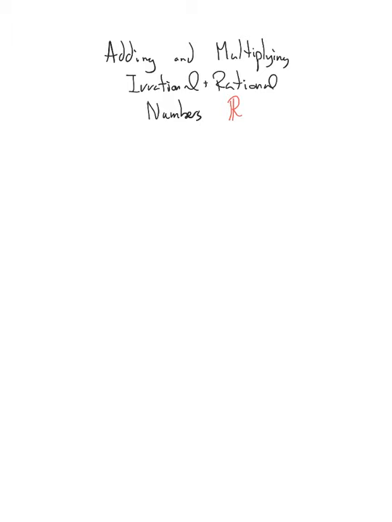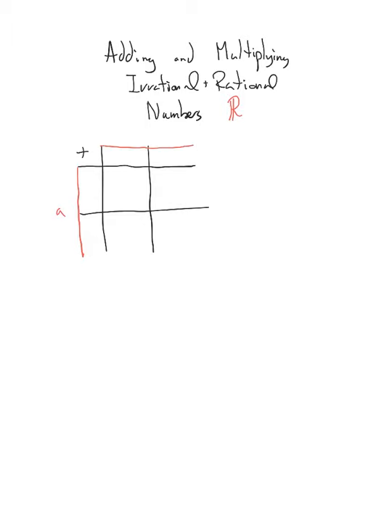So let's talk about addition. And there's two cases. So we have our first number A and our second number B. So we'll use the horizontal side to be A and the columns to be B. And so we're looking at A plus B. A could be rational or irrational.